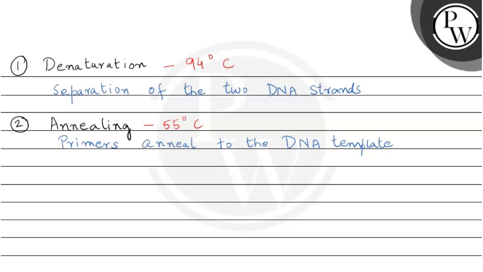So there are two primers. One is the forward primer, which is attached to the one DNA strand, and the next one is the reverse primer, which is attached to the other end of the DNA strand.